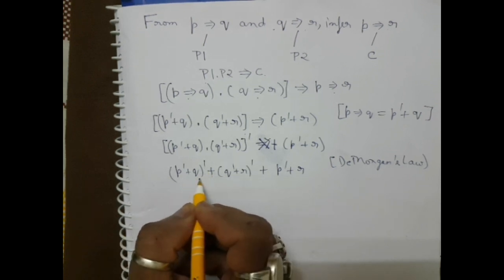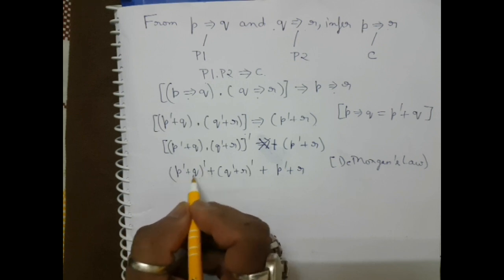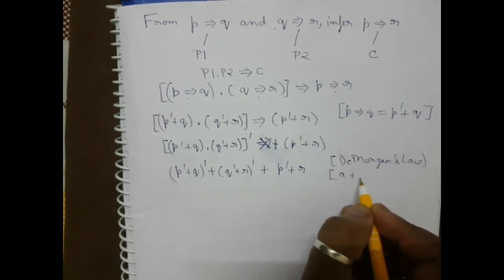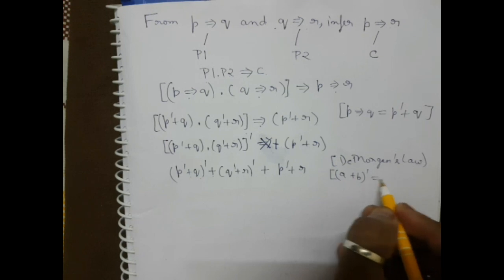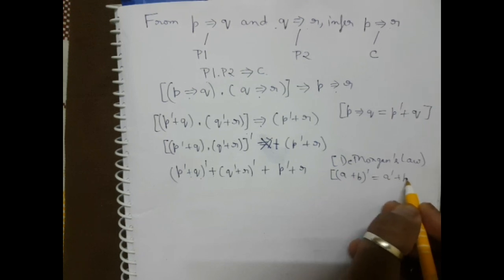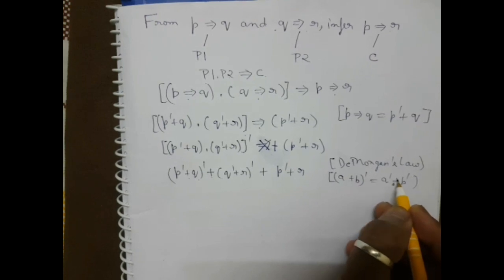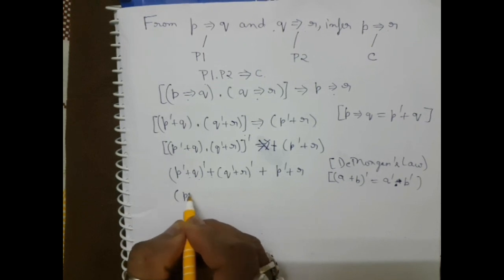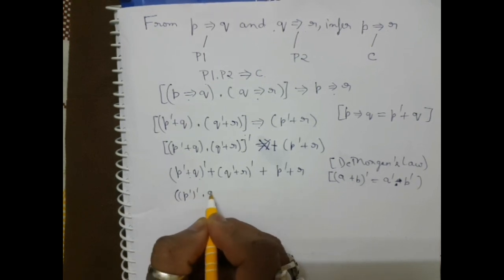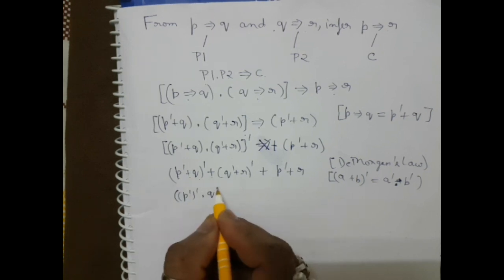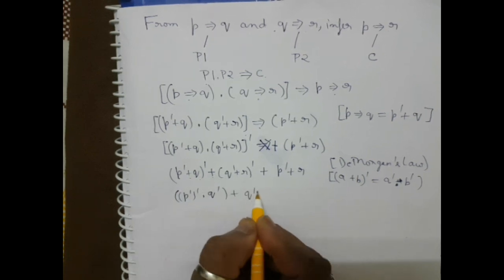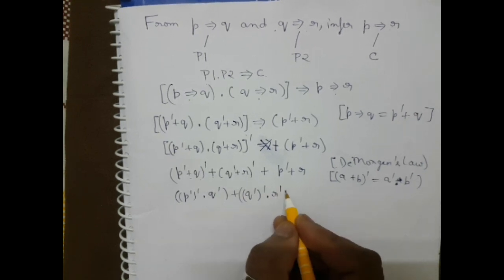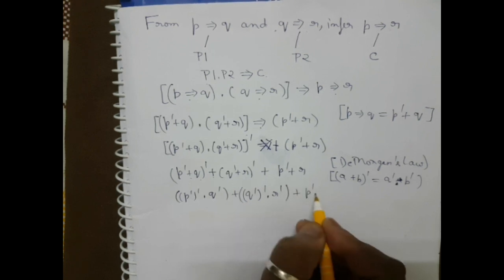Again De Morgan's law, because it's a complement of a sum. A plus B whole complement equals A complement dot B complement. So here we write P dash complement dot Q dash complement, because it is already complemented, plus Q complement dot R complement, and plus P dash plus R.